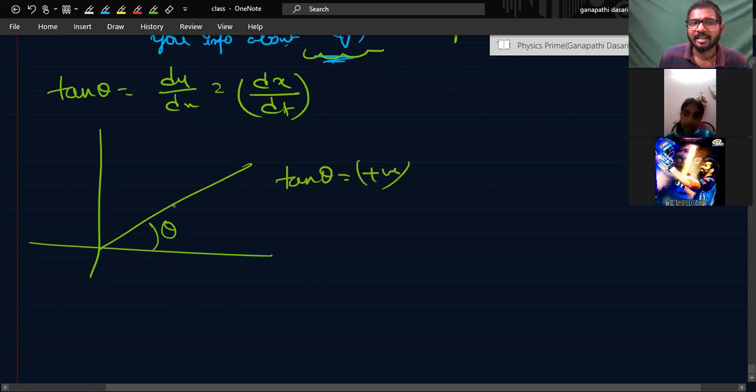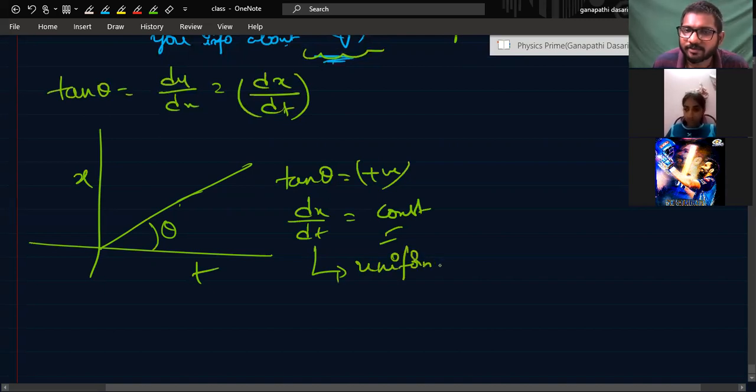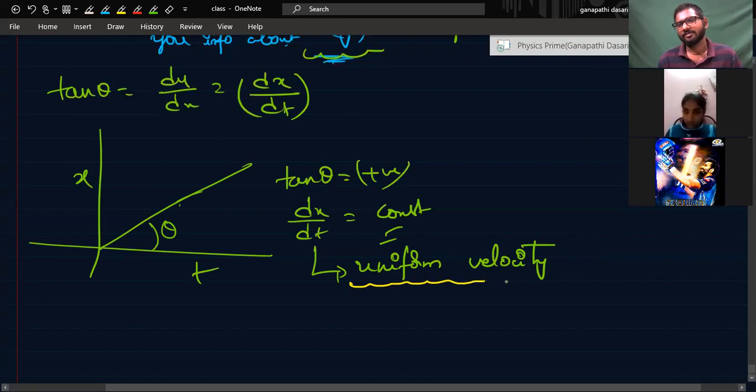So then here, dx by dt is what? Constant or not? Because it's a straight line, the slope is constant. That means this represents a particle moving with constant velocity, which means uniform velocity.